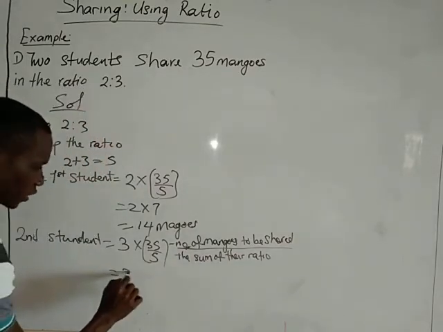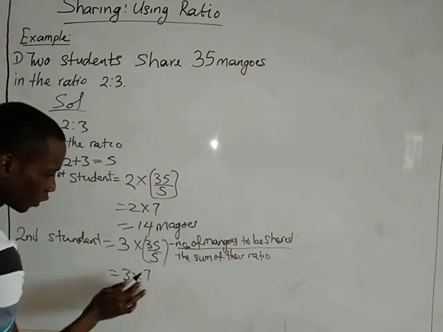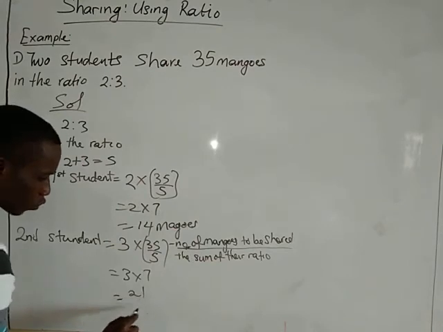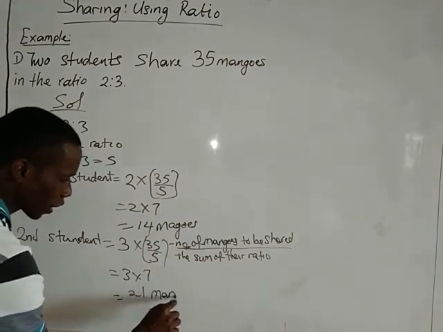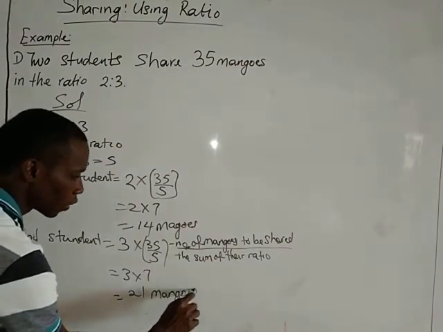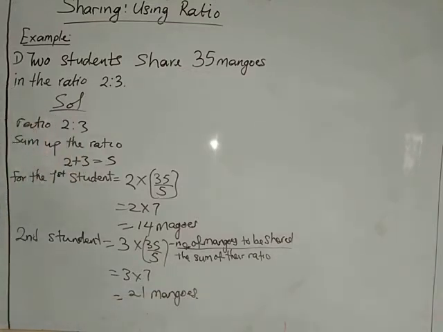So there we're having 3 times 7, and 3 times 7 is 21, meaning the second student is having 21 mangoes. The second student will be having 21 mangoes.